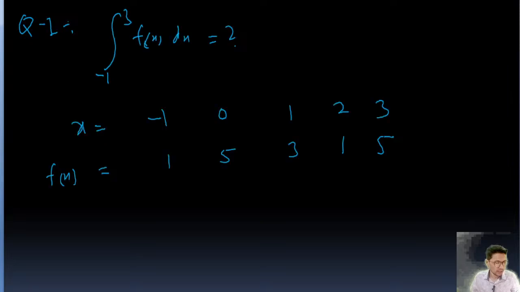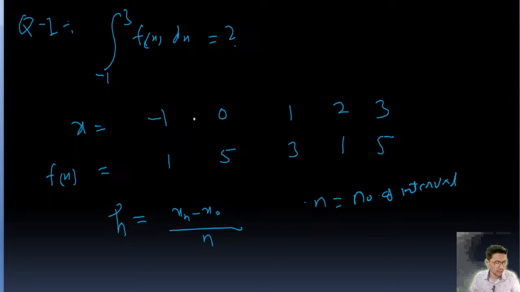So first we'll find h. We know that h is xn minus x naught upon n, where n is the number of intervals.